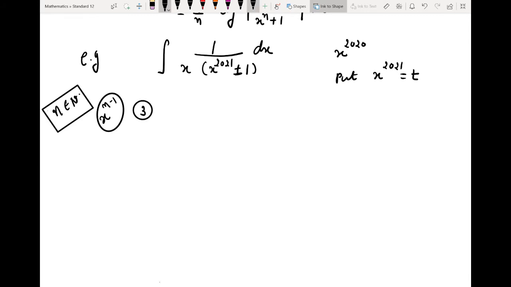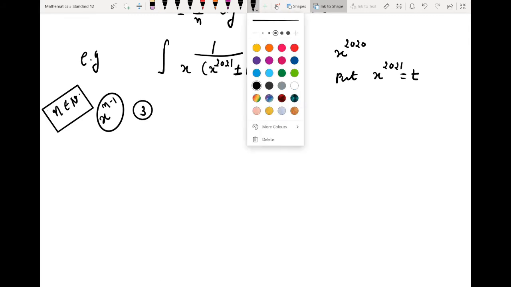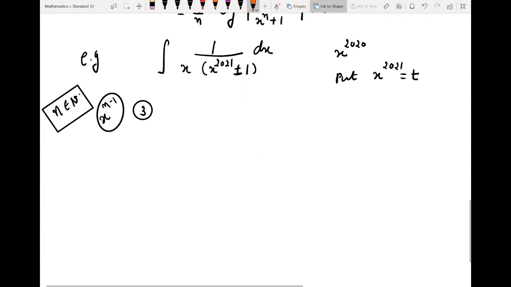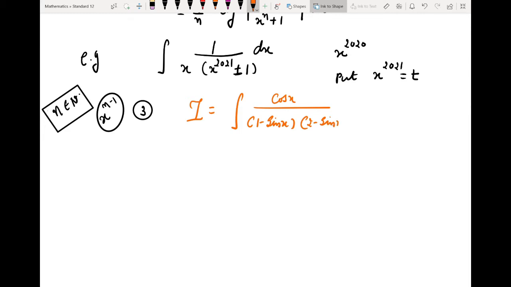Next example, integrate cos x upon 1 minus sin x into 2 minus sin x, dx. When you observe the sum, the derivative of sin x is cos x, so in the numerator it is cos x.